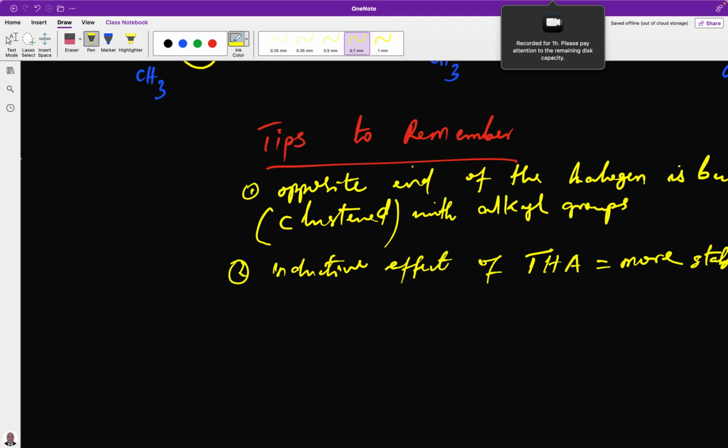For that reason, a secondary halogenoalkane can react by SN1 and also by SN2.